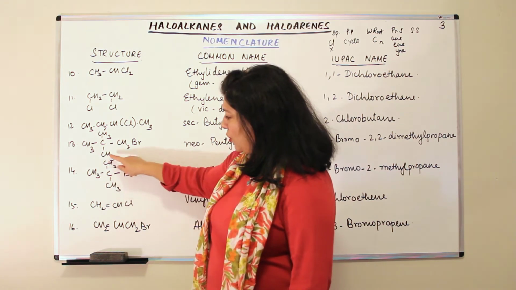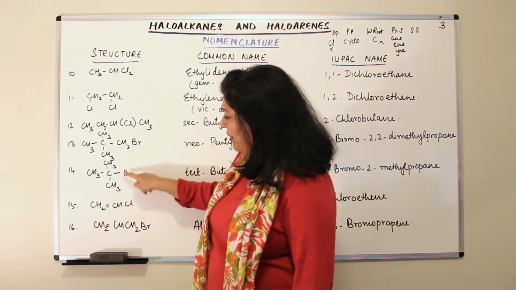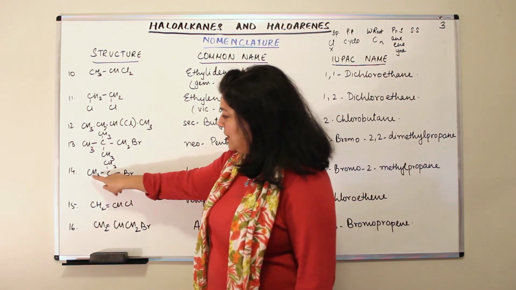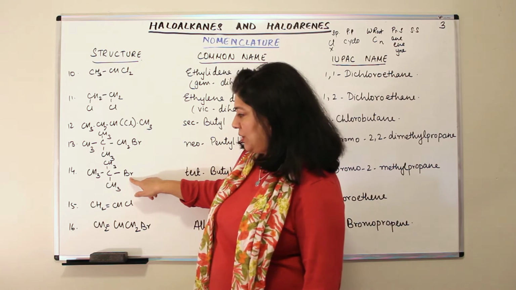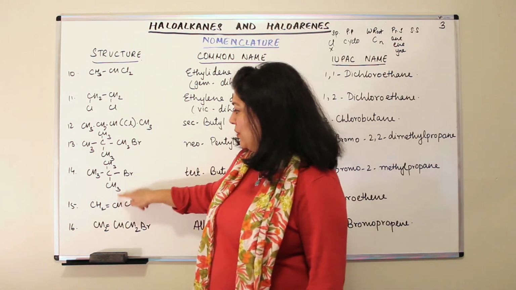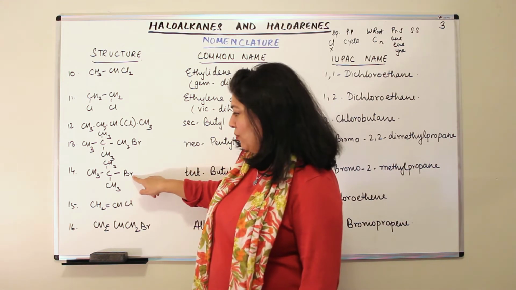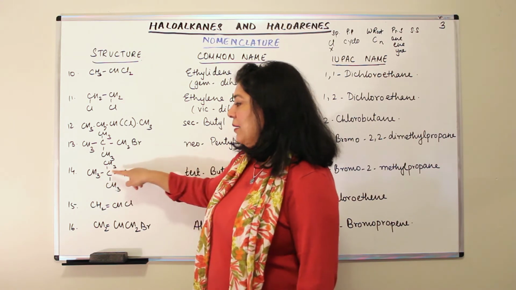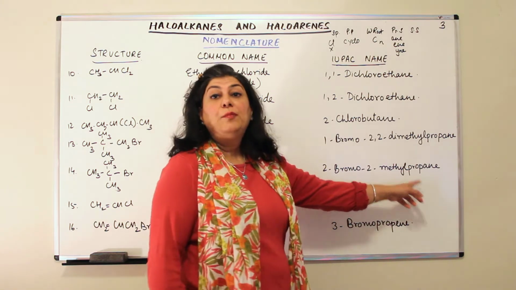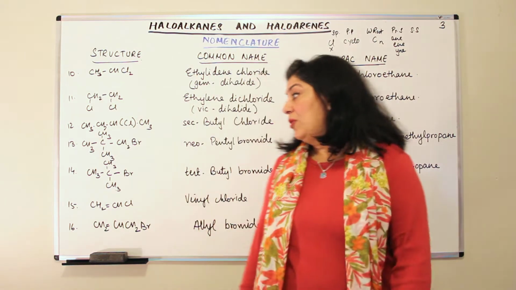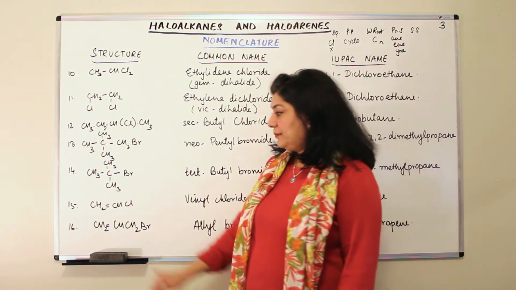So this becomes your longest chain with just 1 methyl group and 1 bromide group, right? So you will say this is propane, and the second carbon has got both the bromine and the methyl group. So you'll say 2-bromo, 2-methyl propane will be the IUPAC name of this compound.